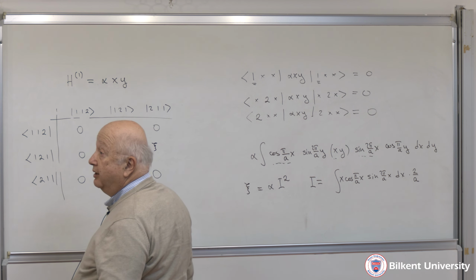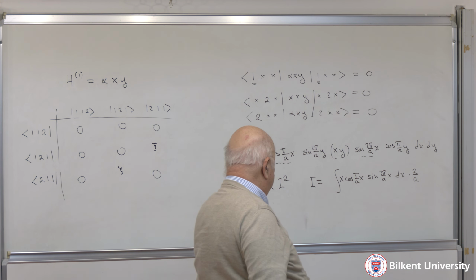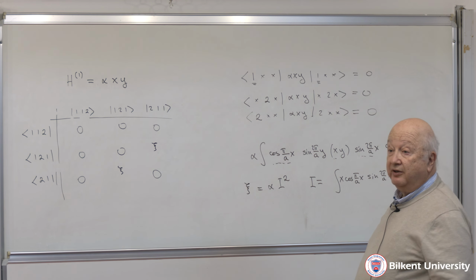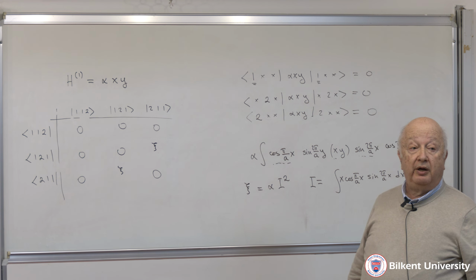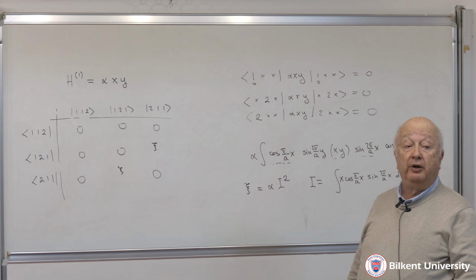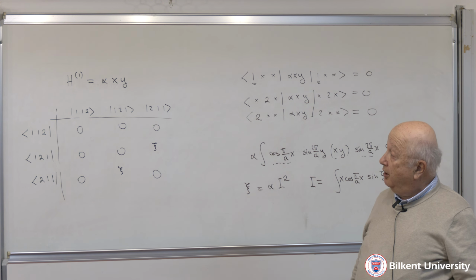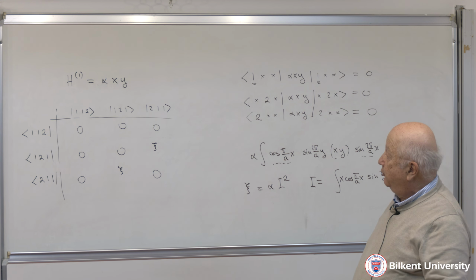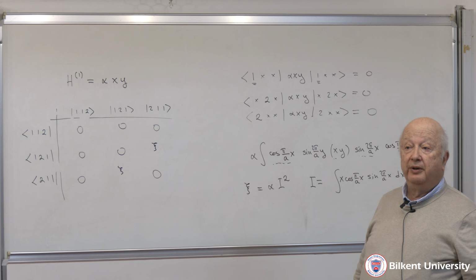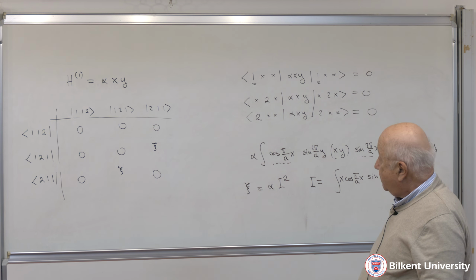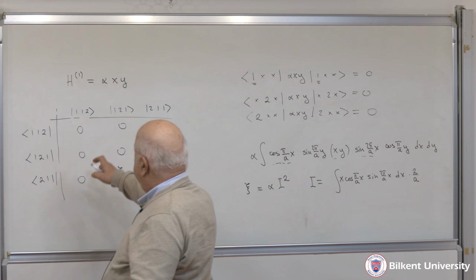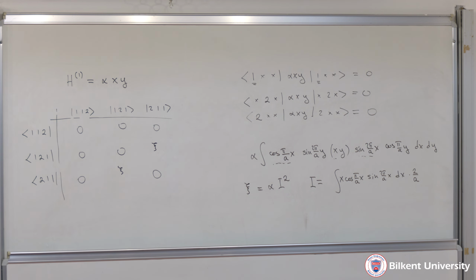And I have to find its eigenvalues and eigenvectors. From that I can determine how much the shift is going to be in the energies and such things. So let's just look at this matrix.